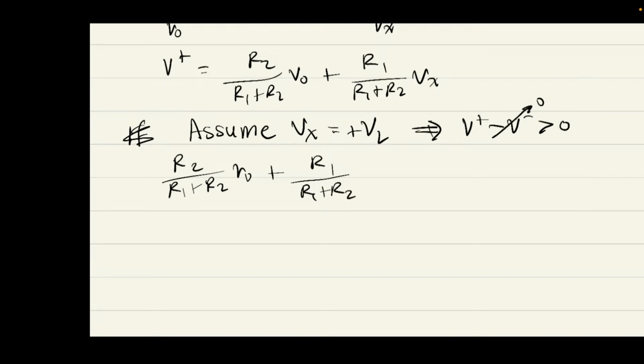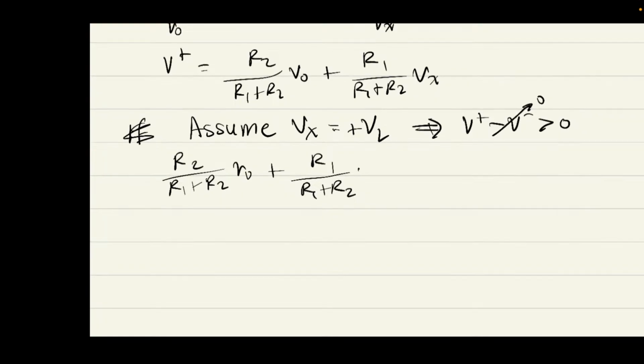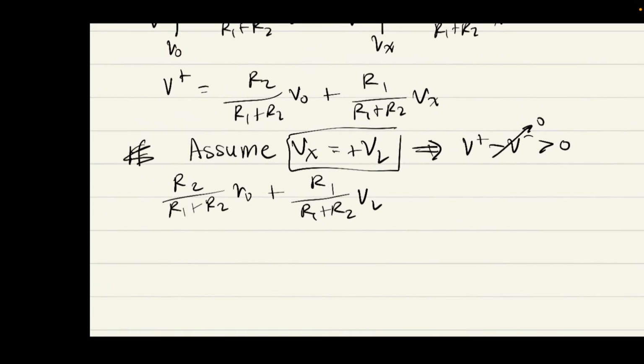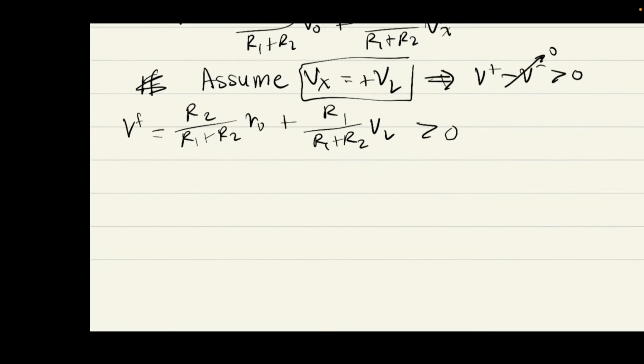But what is Vx? Anyone? VL, yeah, that's right, because we assumed it here. And we know that this entire expression, which is the same thing as V plus, is greater than 0. Well, we can solve this for VO, and we see that VO is greater than negative R1 on R2 times VL.